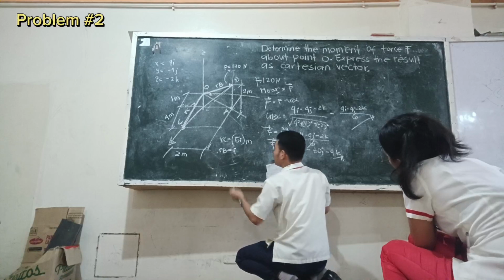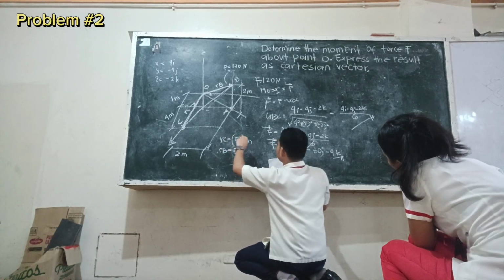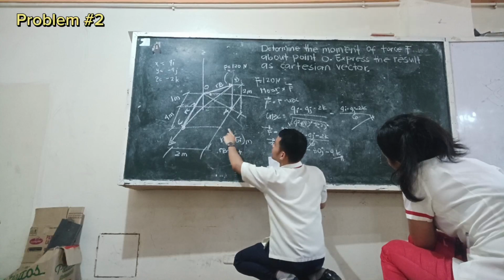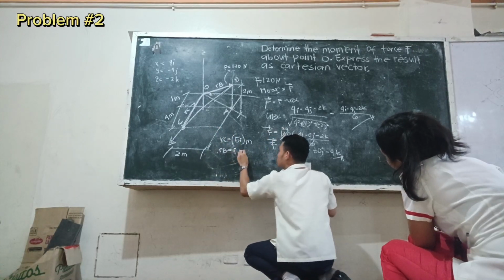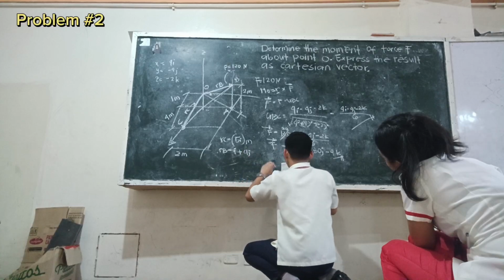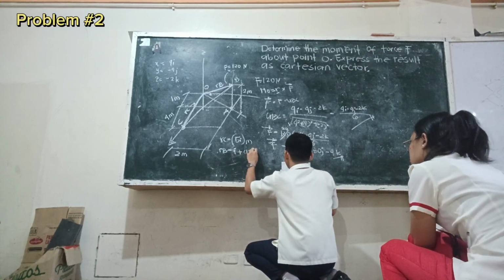Along the Y component we have the value of 4j, and along the Z component, plus 2k.